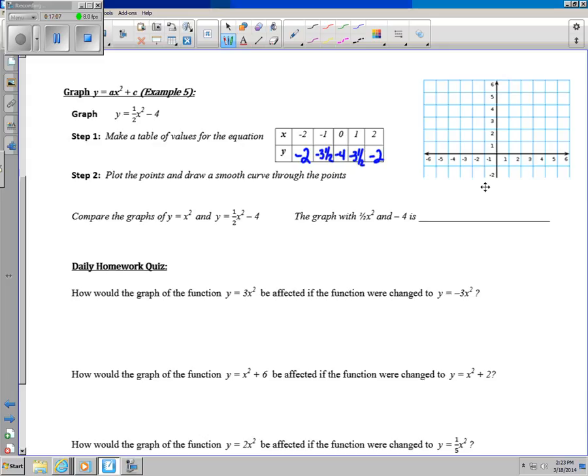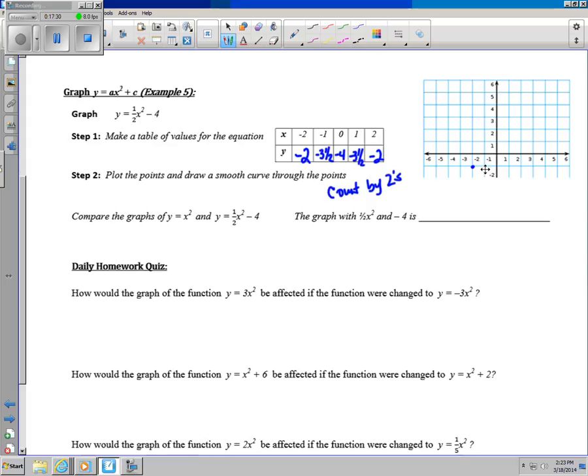Oh, I did not put a very good graph on here. We're going to count by 2's again. So we're going to start with -2, and we're going to go down here to -2. When x is -1, we're at -3.5.